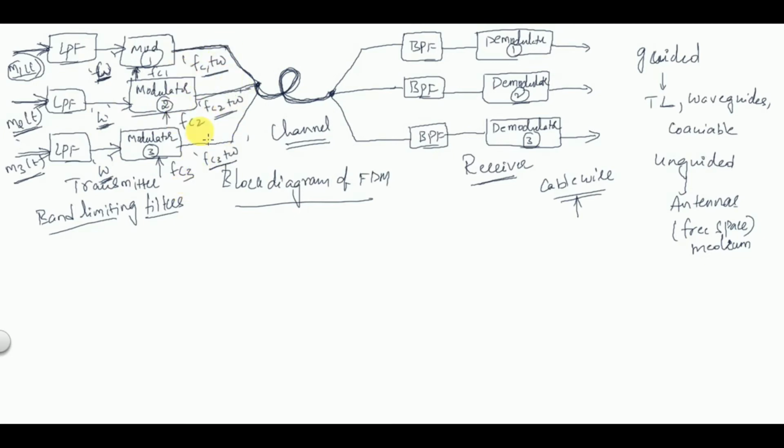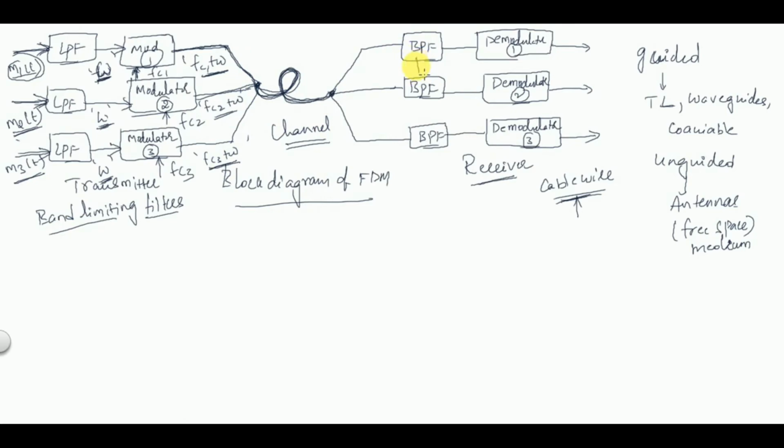That is how we differentiate them in the cable. If you tune to the frequency FC1 plus W, that corresponding channel will appear on the TV. So that is the example here, cable wire. Different frequencies FC1 plus W, FC2 plus W and FC3 plus W are transmitted through the channel.